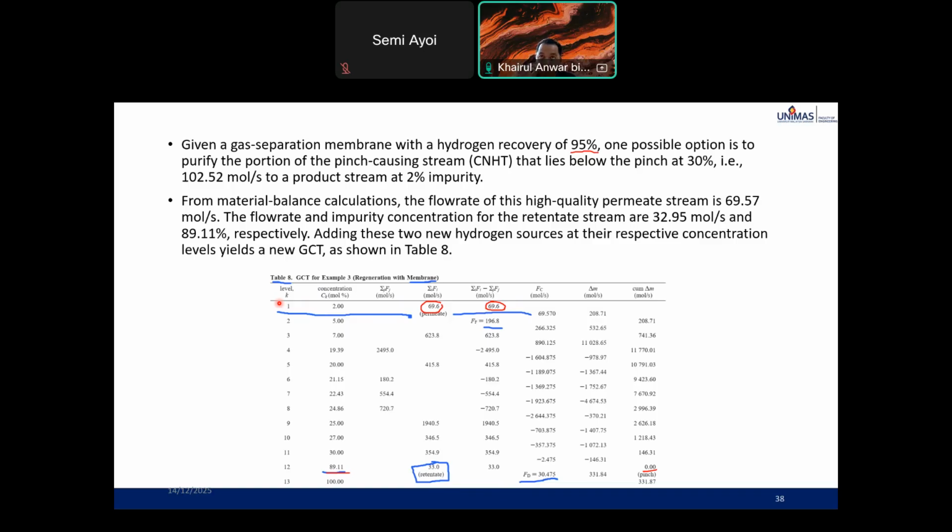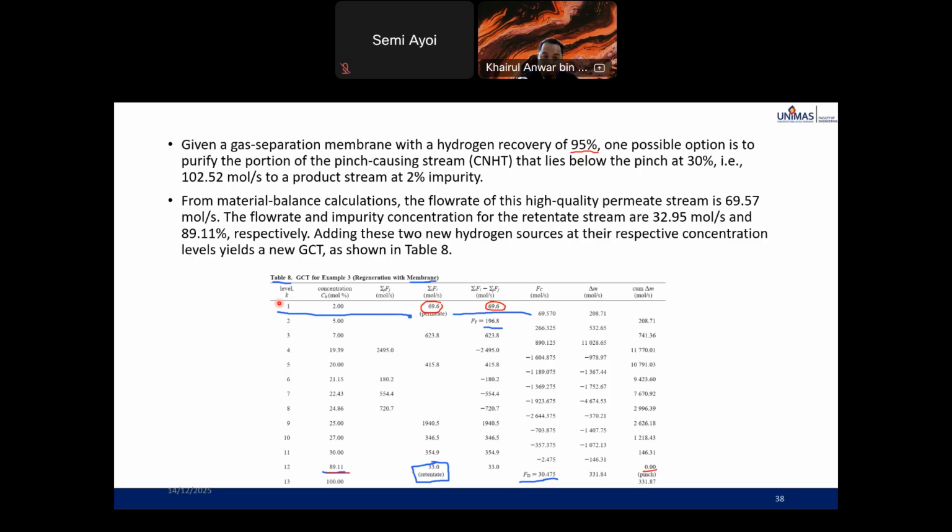Then we identify the pinch using that minimum gas flow rate as the fresh feed. We do the GCT again. From there, we can get the discharge flow rate.